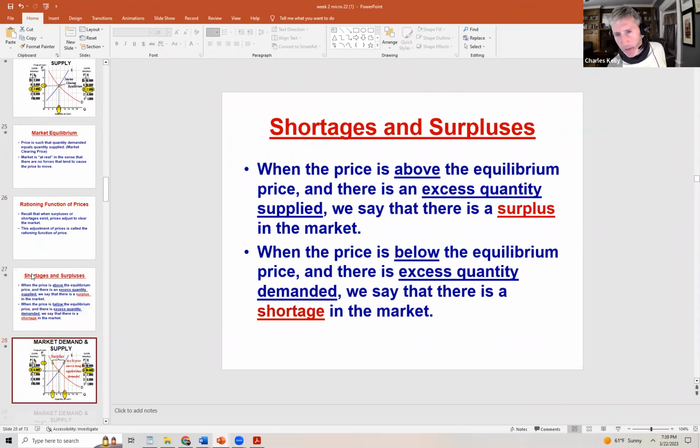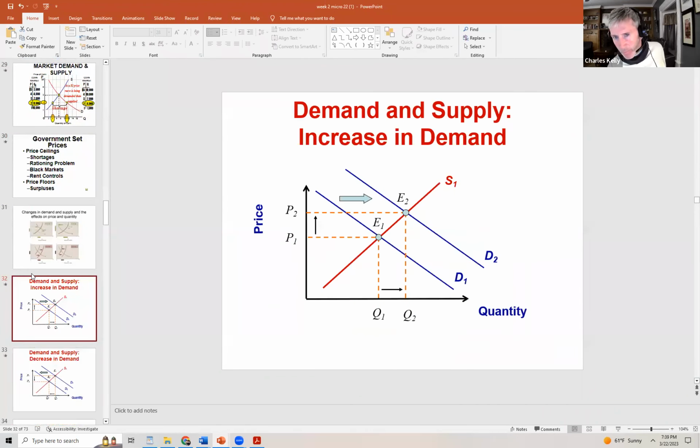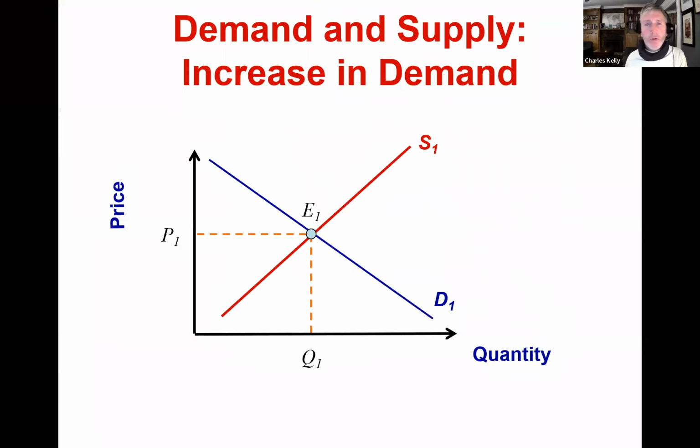We're going to start analyzing situations where something changes in the market. Whenever you analyze a market scenario, you're always going to start by drawing this. For the moment, just ignore where it says demand, supply, increase in demand.